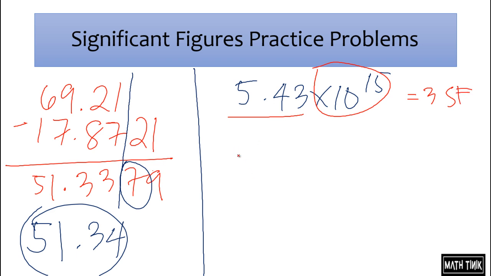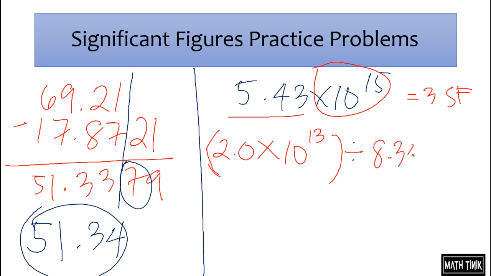Okay, so let's divide scientific notations. Let's say 2.0 times 10 to the 13, divided by 8.340 times 10 to the 8.